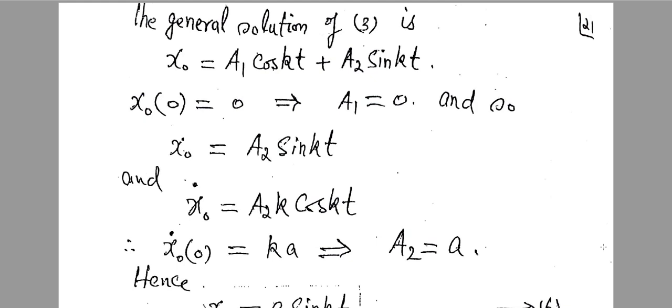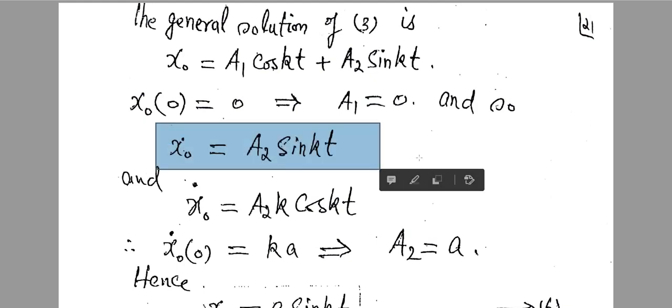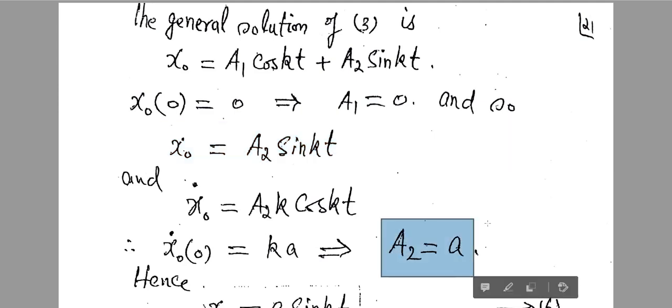Using the condition x naught of 0 is 0, we get a1 equal to 0. So our solution x naught will be equal to a2 sin kt. Now using the second condition x naught dot of 0 is equal to ka, we get a2 equal to a.